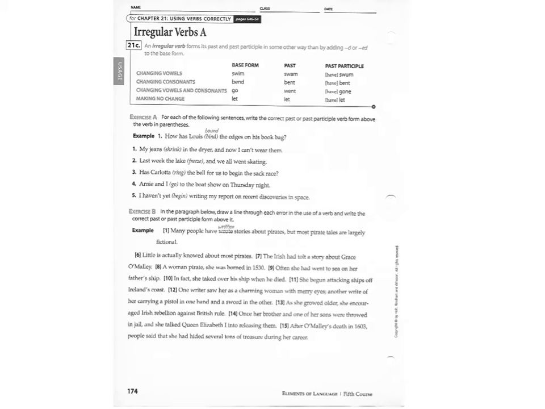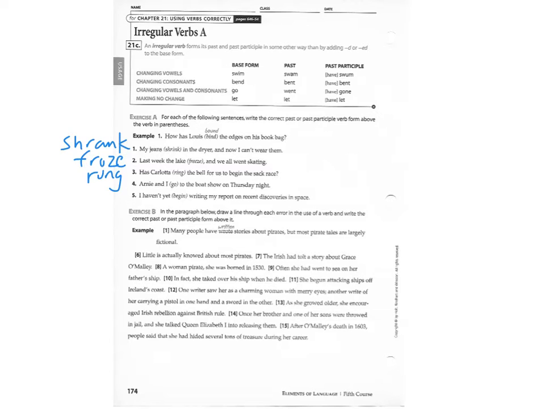Okay, so we're going to use the past and past participles for each one of these. So for number 1, it's going to be shrank. For 2, it's going to be froze. 3 is going to be, ring, rang, and then it's going to be has Carlotta rung the bell.